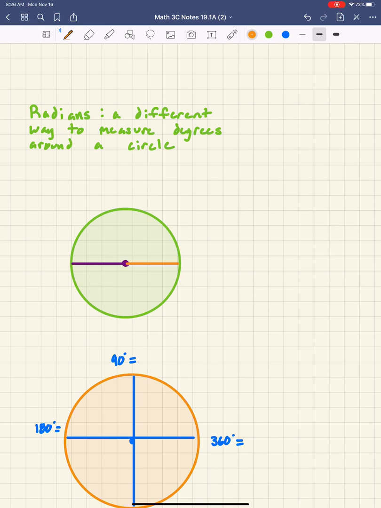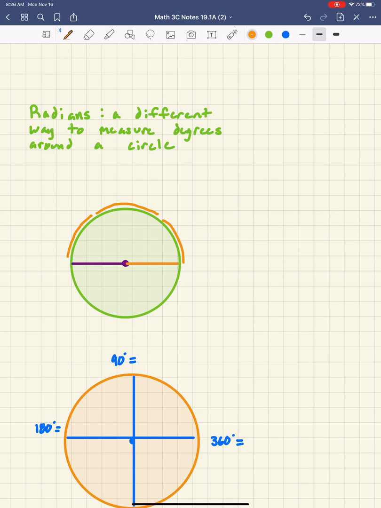If we take that piece of string and mark it on the outside of our circle, it would be about this long. If we measured it again, it's about that long there. And if we measured it one more time, about that long there. So it almost gets us all the way to the halfway point of our circle.